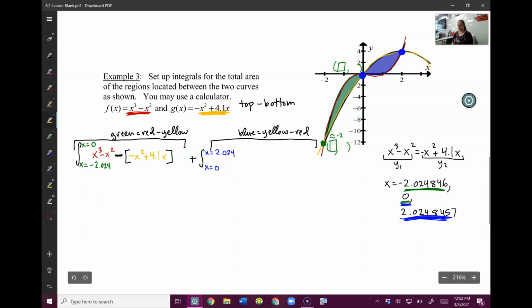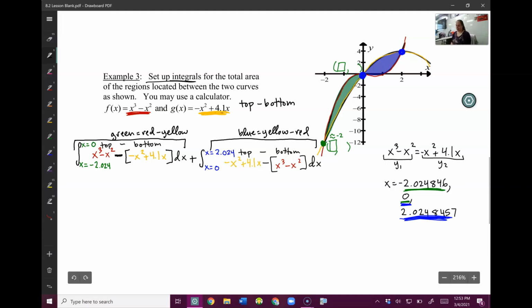Now this one is the yellow, so -x squared plus 4.1x, top minus bottom. And in this case, the red one is now on bottom. Oh, and I forgot my dx's. Be careful about that. So this is actually your integral.